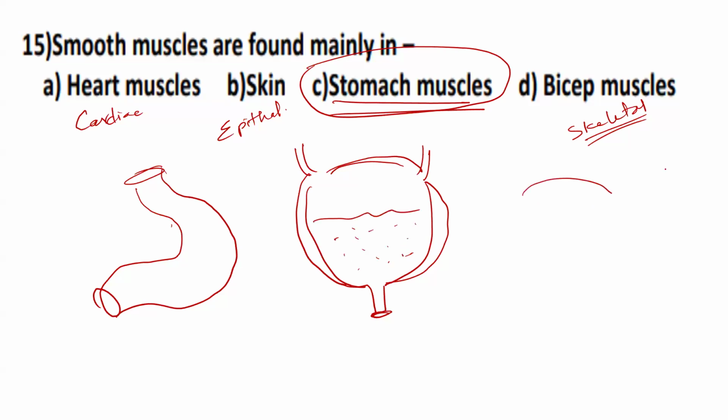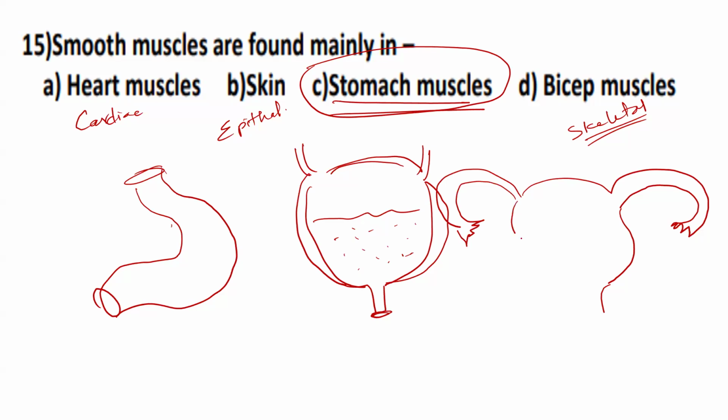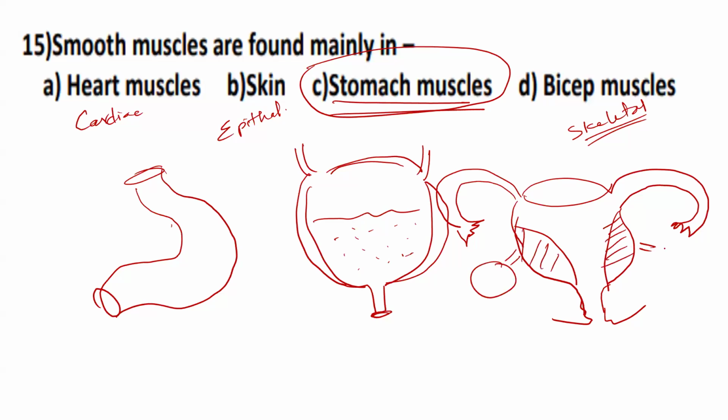Like that, the female reproductive organ is a very good example for smooth muscle, because we have studied that during the menstrual phase, bleeding will occur. So these muscles are the ones which break. Ovary is there. These muscles which I have highlighted, those ones only break and come as menstrual blood. So that wall is smooth muscle.